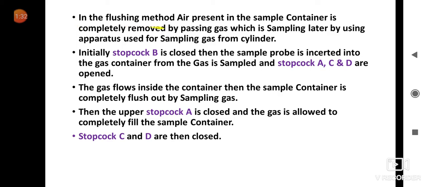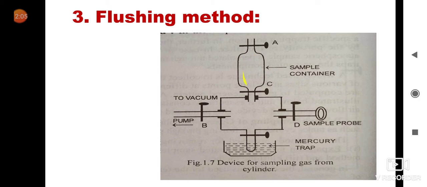In the flushing method, the air present in the sample container is completely removed by passing the gas which is to be sampled later, using the apparatus for sampling gas from a cylinder. That means whatever gas we are going to sample, by using that gas only we flush out this entire sample container.